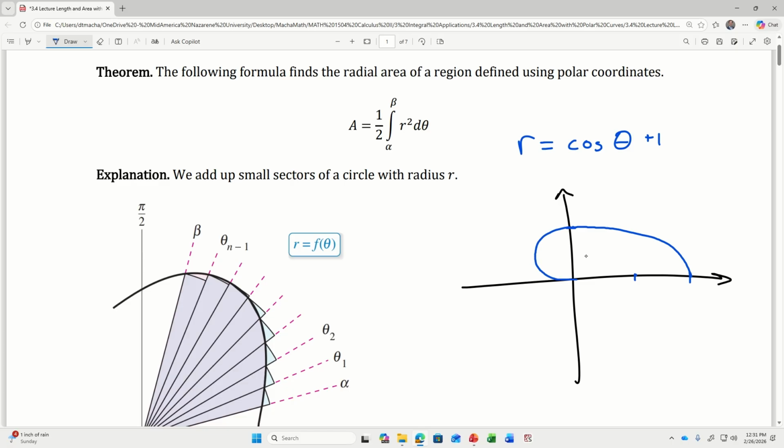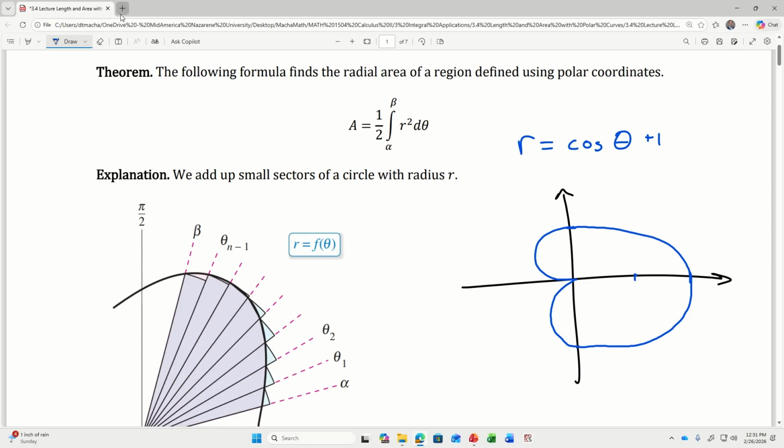And then it starts to come back from -1 at theta equals 3 pi over 2. Cosine would be back to 0, so we're back to 1. And then when theta gets back to 2 pi, it should be back here. That's a slightly more exciting graph.